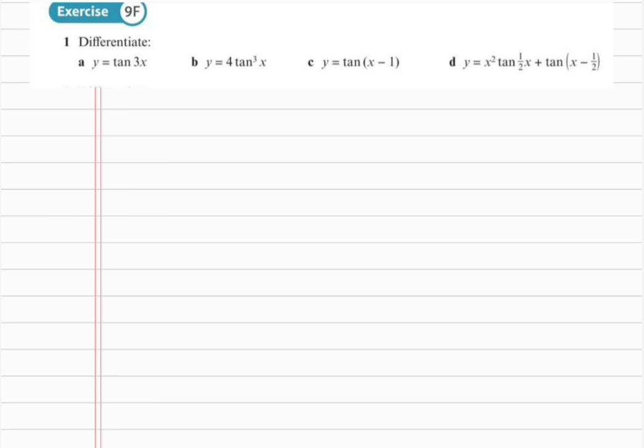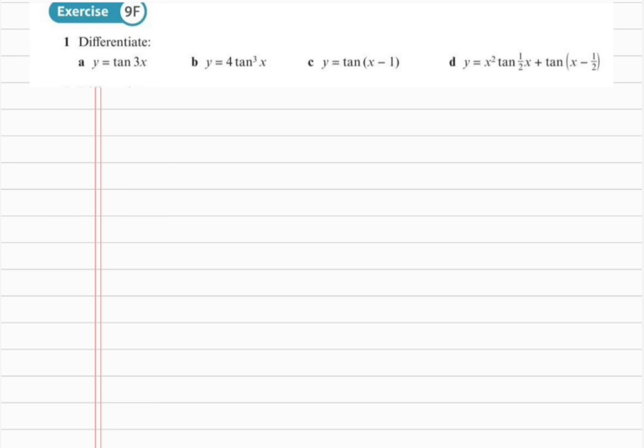So this is about differentiating a different trigonometric function, and honestly this part of differentiation is mostly about remembering some standard results, because that's by far the quickest way of differentiating these kinds of functions.